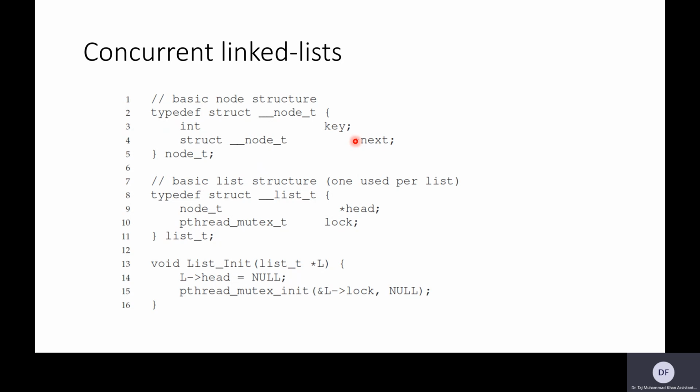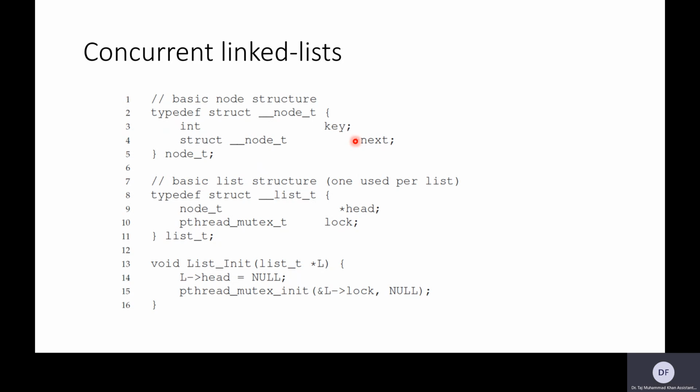Okay, so I hope you gave yourself a pause and thought through what can happen if multiple threads try to insert or delete nodes from a globally shared list concurrently without any synchronization.